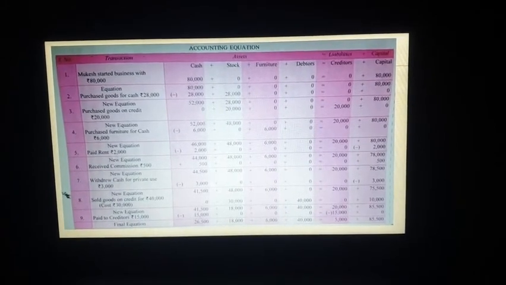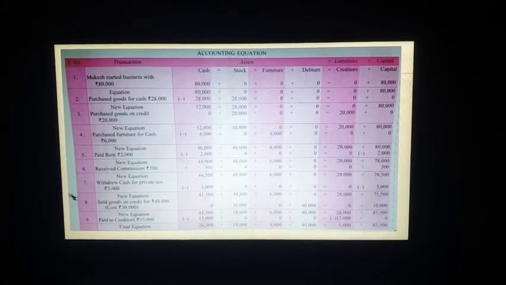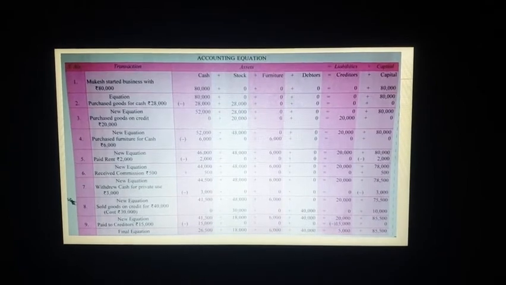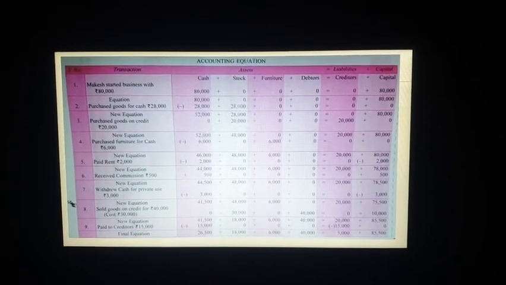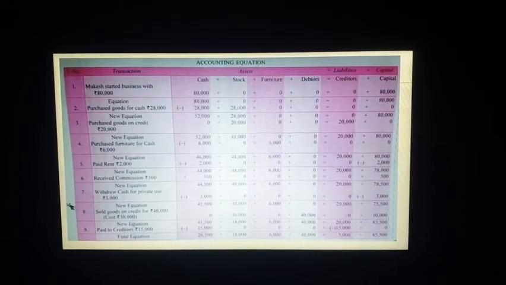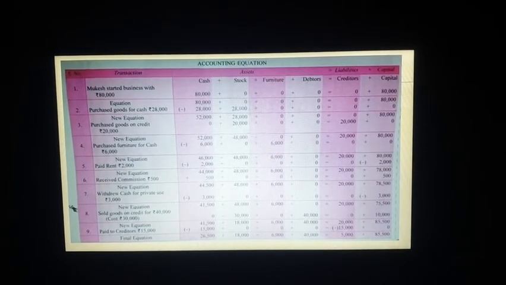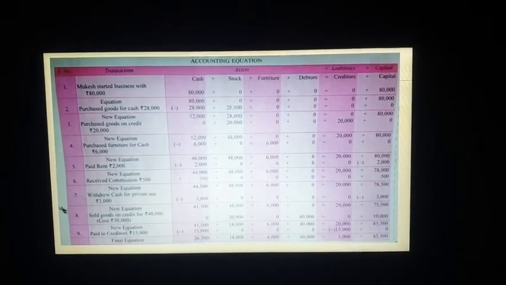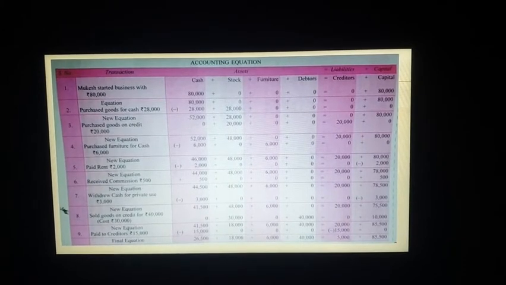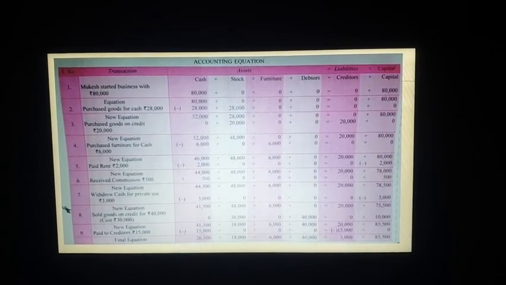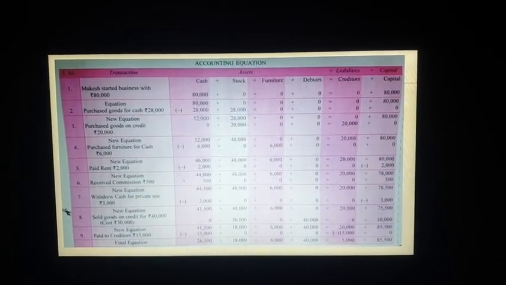So after the impact of all the 9 transactions, the total of assets, cash plus stock plus furniture plus debtors, equals liability plus capital. And the total of liability plus capital is 90,500. Same like that, the total of cash, stock, furniture and debtors is also 90,500.